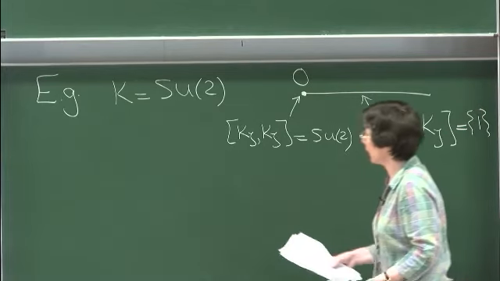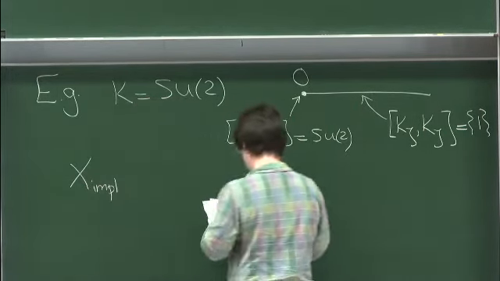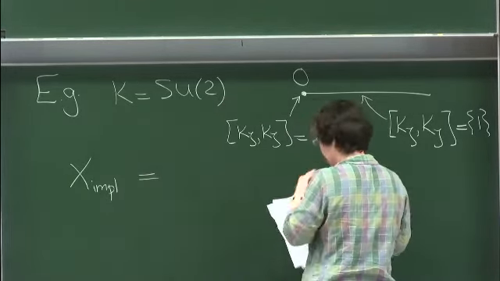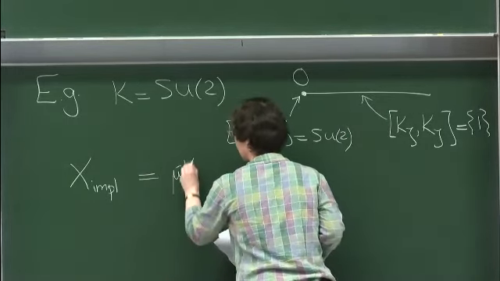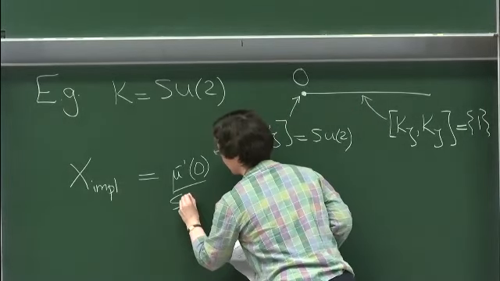So in this case, we have that the imploded cross-section, the symplectic implosion, is given by the inverse image of 0 quotiented by SU2.